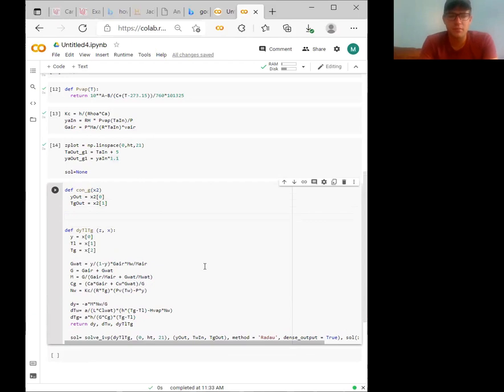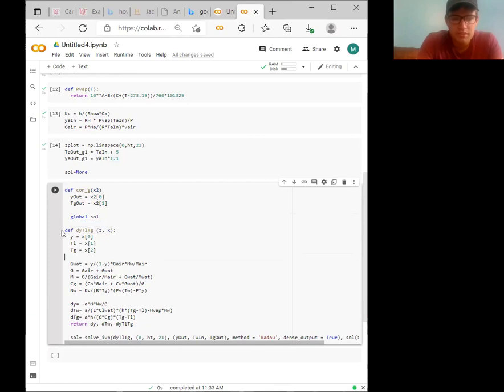Okay, so one more thing I'm going to do really quick. The solution to our solve IVP, I'm just going to make that global, because when you don't make things global, sometimes it gets a little bit hard to know whether it's within a function or not. So if I make the solution global, then I don't have to worry about it being within that function.